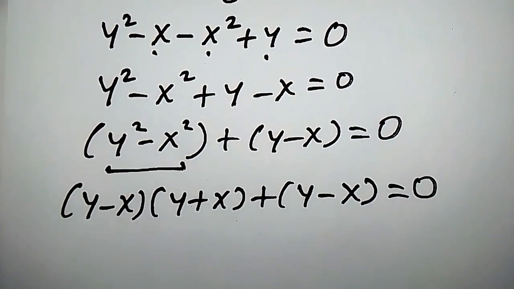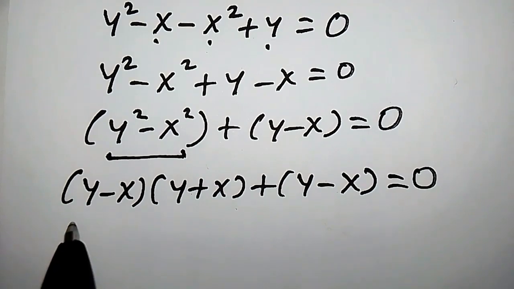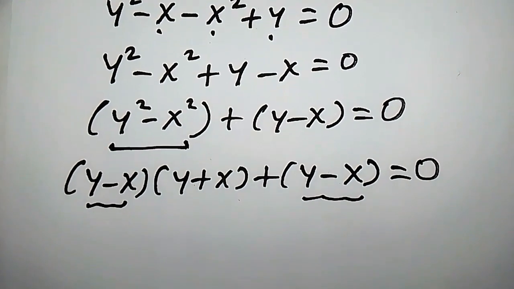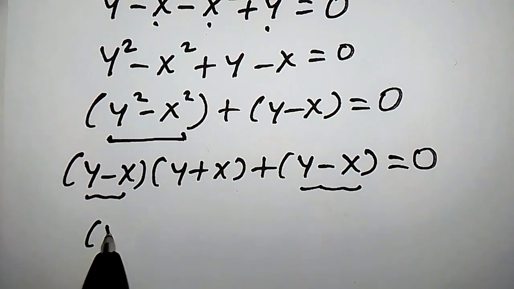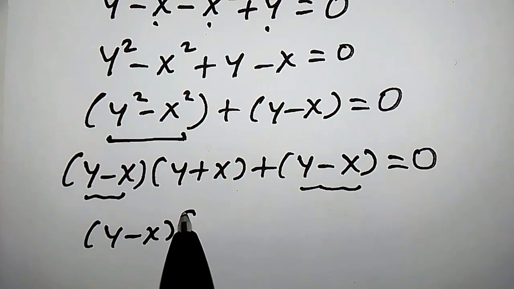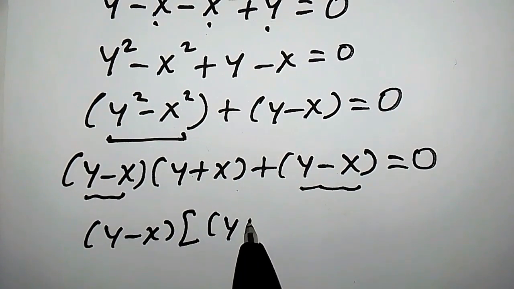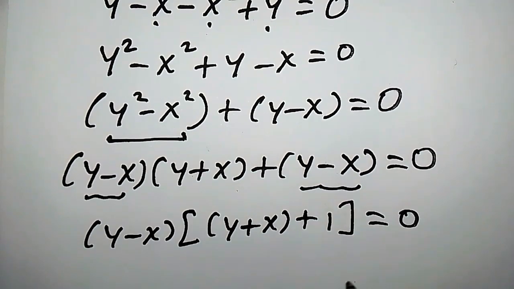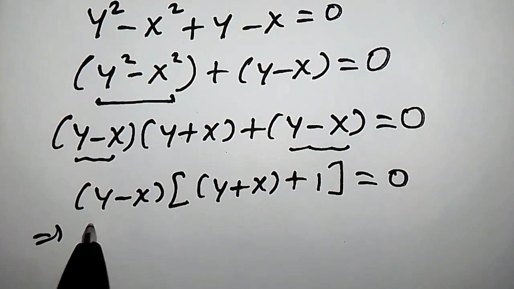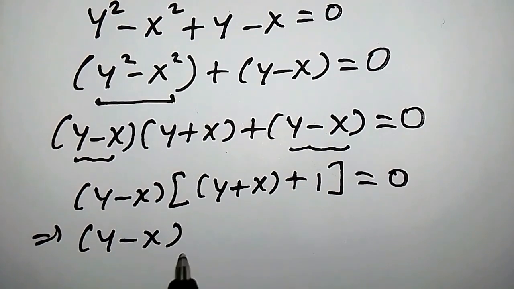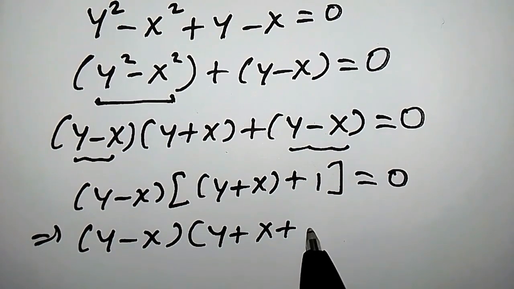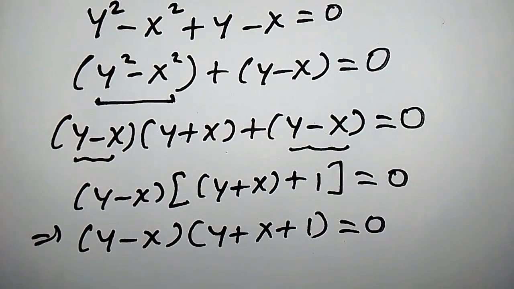Let's proceed further. You will notice that y minus x is common. We can factor it out. So we have y minus x into y plus x plus 1 equals 0.